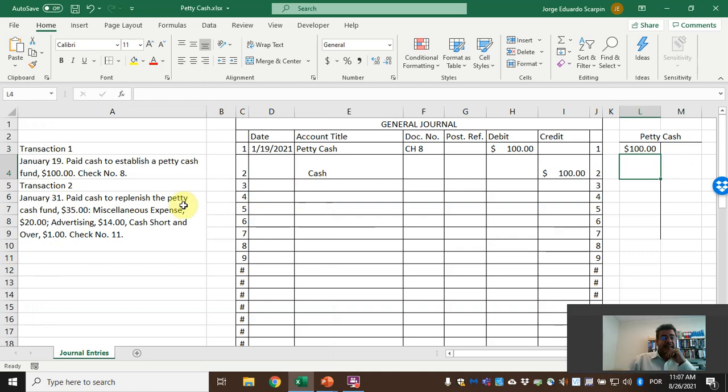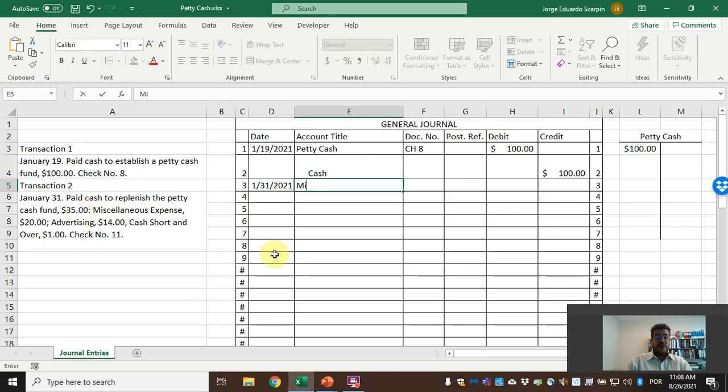And now we have a lot of transactions here. So on January 31st, we will replenish the petty cash. But first of all, let's record our expenses. And then we will replenish it. So 35. How much is the 35?